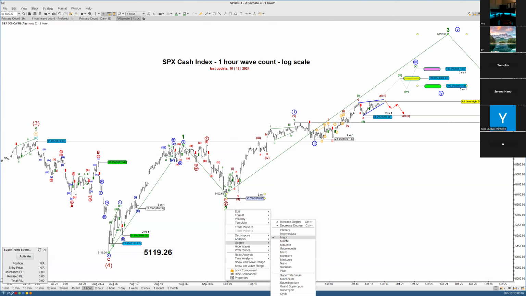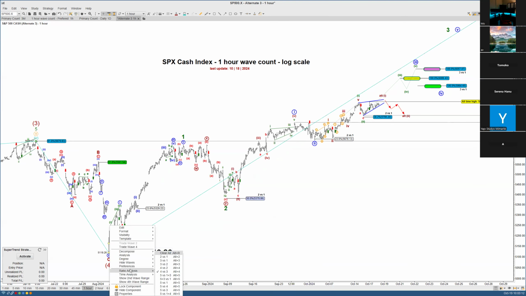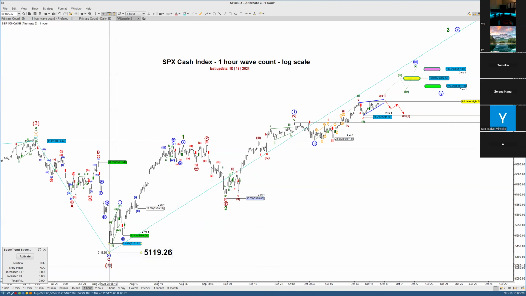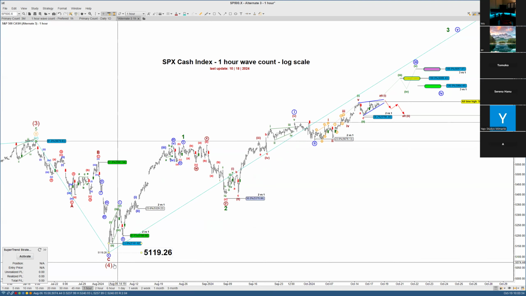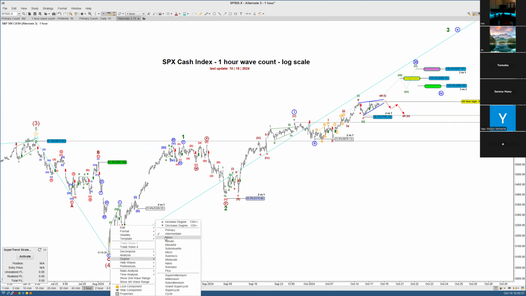It's minor because I want to complete, because you have 4. Okay, your 4 is what? Intermediate. So what do I need to do? I need to fit 5 to complete the sequence of intermediate, of one higher degree. For the fourth wave, I need 5 smaller waves from here. So I need 5 minor to satisfy the intermediate 5th wave.